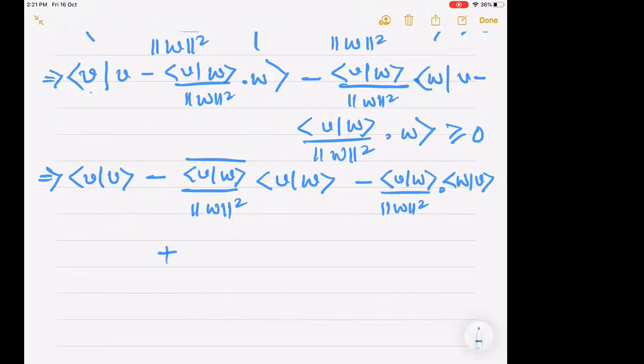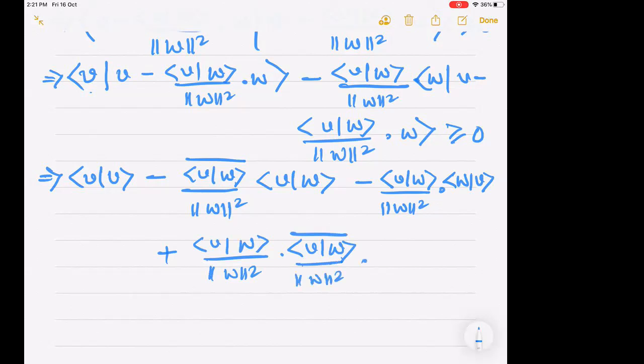Once again, sesquilinearity property: in the second variable, the complex conjugate will come out. <V,W> by W squared is there, but <V,W> complex conjugate will come out by W squared, and this is <W,W>, right? I think it's all right. This ought to be greater than or equal to 0.